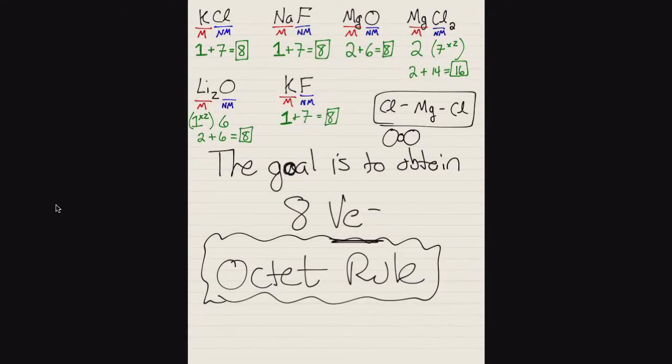Okay. So here's what I want you to do. Right now, I want you to come up with 2 different substances that you can bond with Be. What can you attach to Be to get to 8?